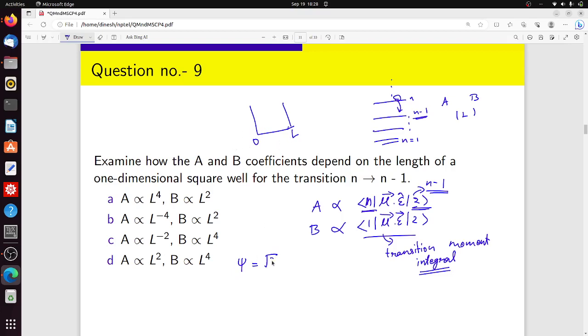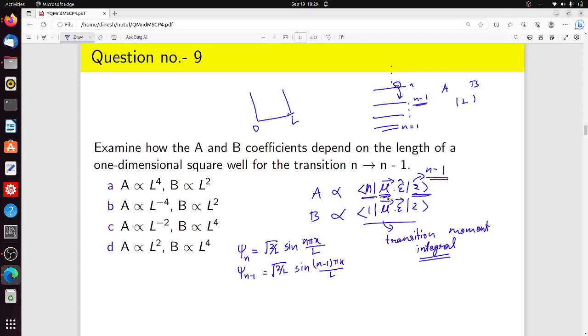This is nothing but the square root of 2 over L times sine of n pi x over L for the nth state. Similarly psi n minus 1 will be the square root of 2 over L times sine of (n minus 1) pi x over L.